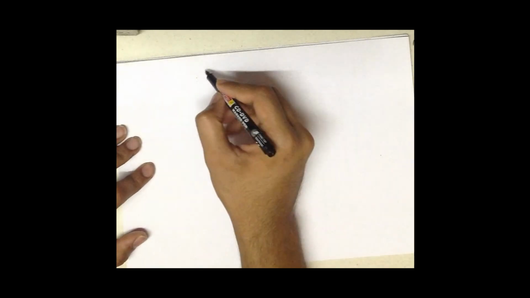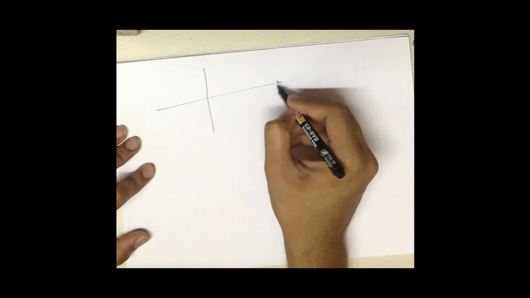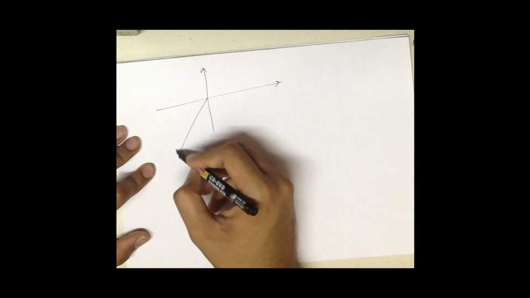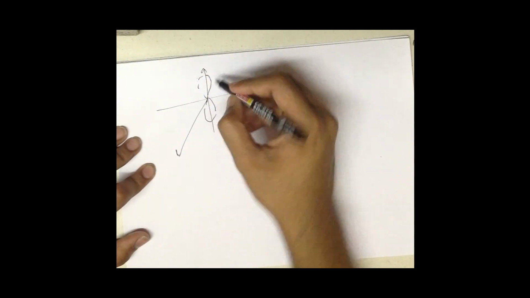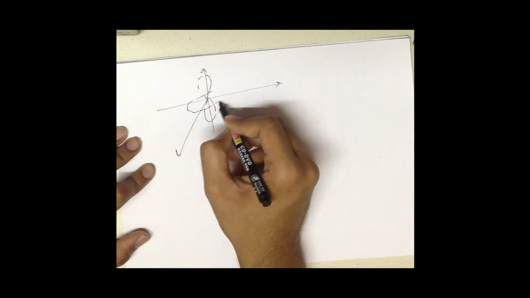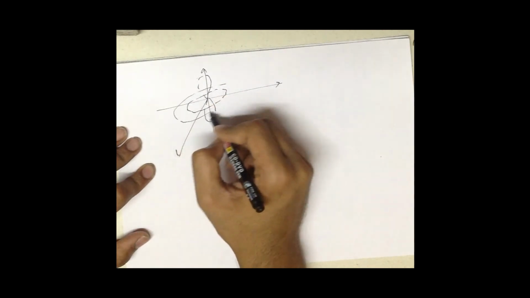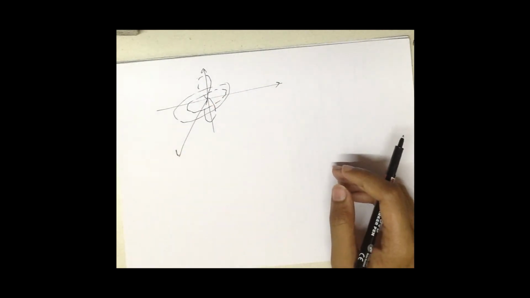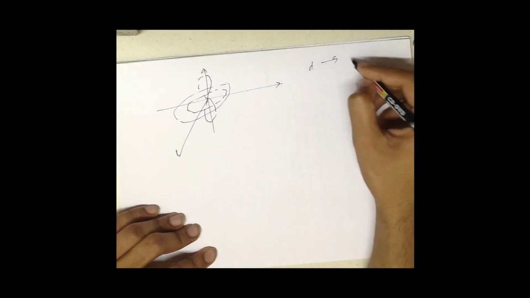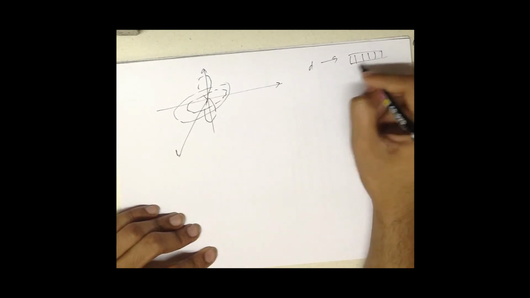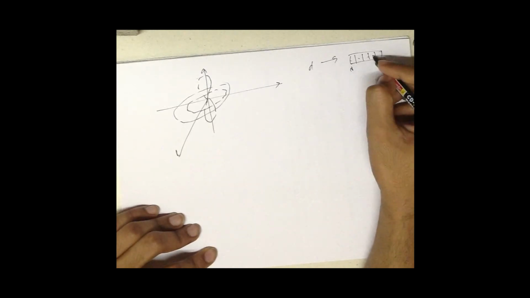Now the d orbital is more complex than a p orbital because it has, as I told you, a ring in between. Now if this is the one shape, this is the second shape, we have a ring in between this. So these are the various shapes of these orbitals, and d has 5 orbitals, 1, 2, 3, 4, 5.